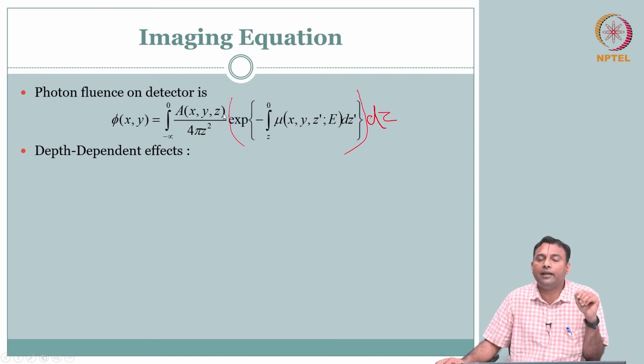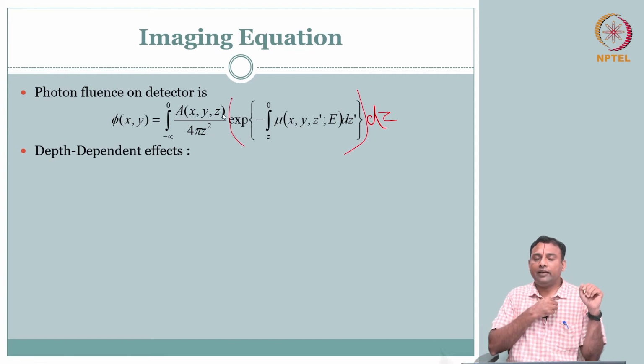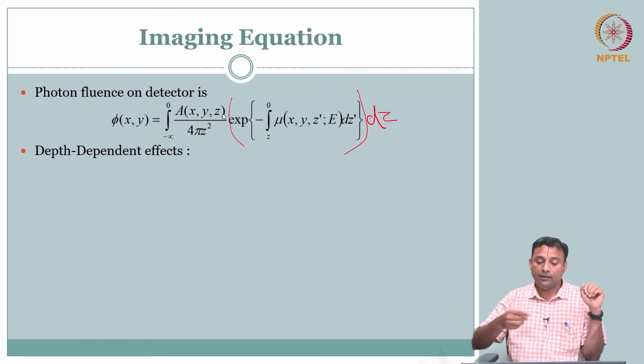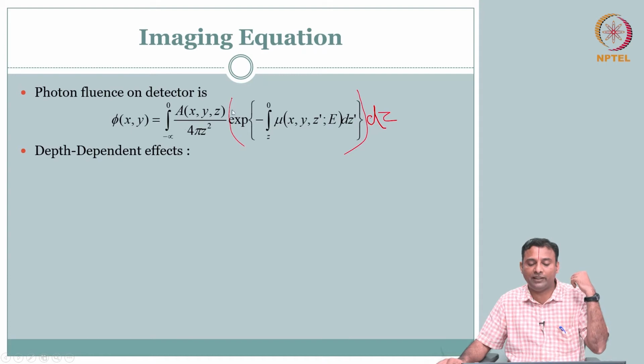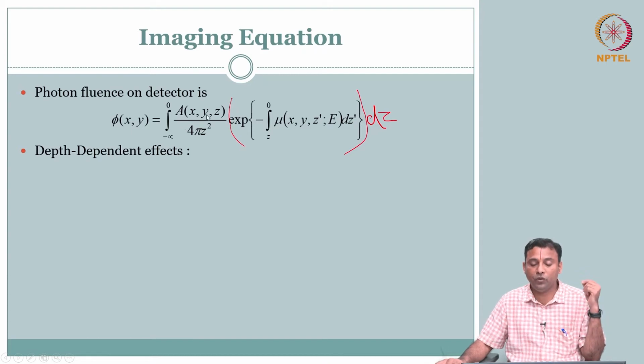This is depth dependent as well, naturally. Whether the radioactivity is in the front of the body or back of the body, close to the detector or far away from the detector, is going to have an effect, because all of this goes through the same attenuation as well. So Z appears both here, which is your depth dependent effect, and here.